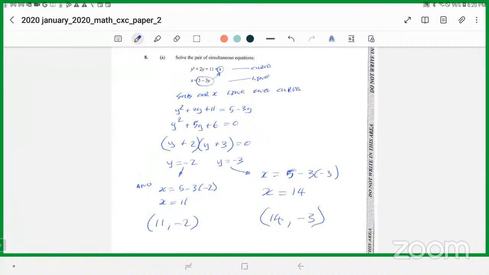This works for every simultaneous equation. Remember, if you get 2 lines, you can use the elimination method as well. You can also use the elimination method sometimes with a line and curve, but most times when we get a line and a curve to solve simultaneously, you use the substitution method. Usually you substitute for one of the variables. Make one of the variables the subject of the line and substitute it in the curve.